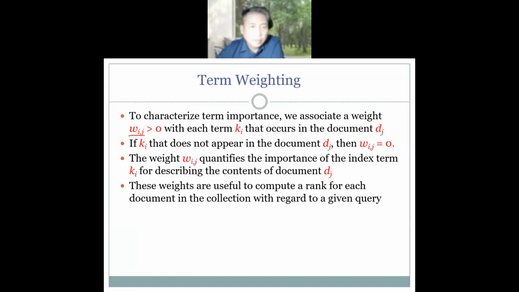This one refers to the weight of a particular term in document J. A particular term or keyword I occurs in document J. So I refers to keyword I, and J refers to document J, meaning the weightage for keyword I in document J. This Wij quantifies the importance of the index term Ki for describing the content of document J. So we use this symbol.